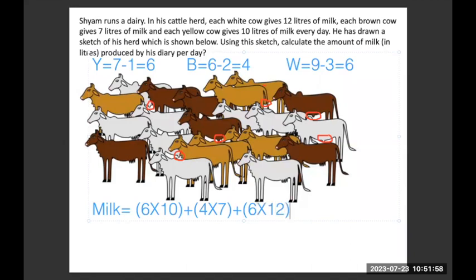So 6 into 12. So milk produced will be 60 plus 28 plus 72. How much will this equal to? 160. The correct answer is 160 liters. Is this clear? Any doubts, any questions in this?